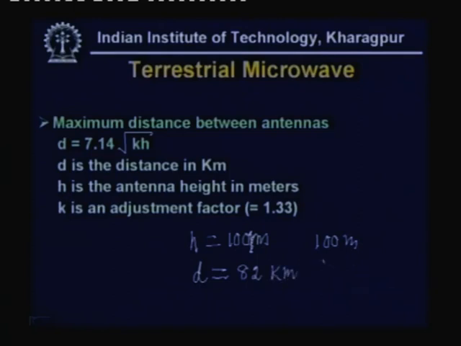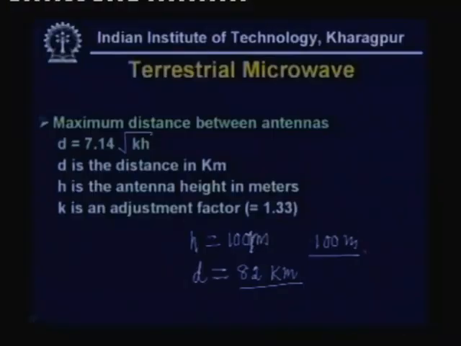So with an antenna height of 100 meter, the distance that can be covered is 82 kilometers. Here the antenna height is in meters and the distance is in kilometers.